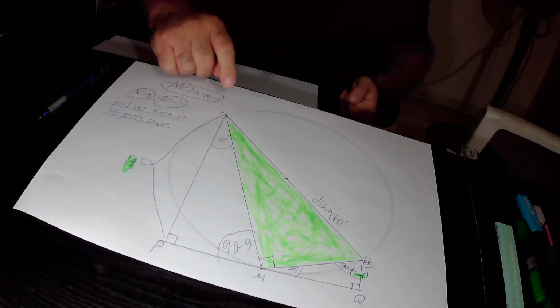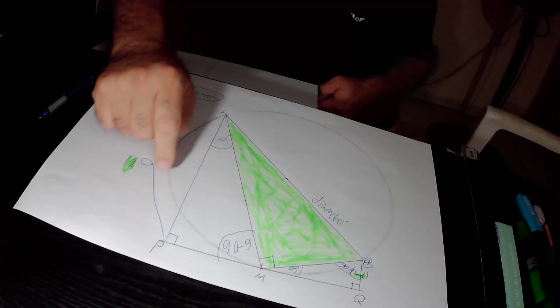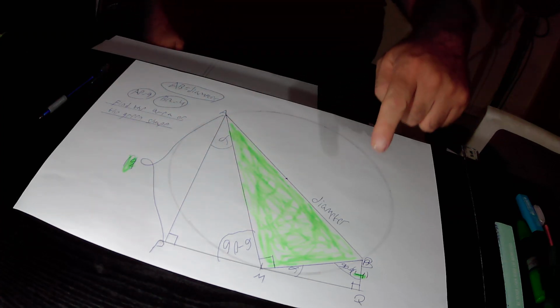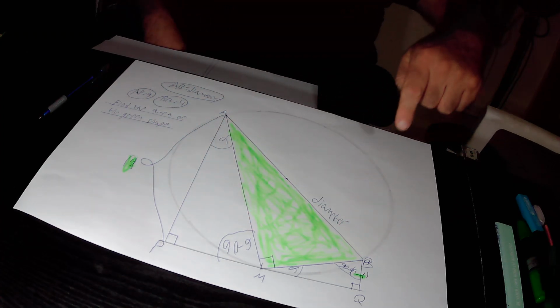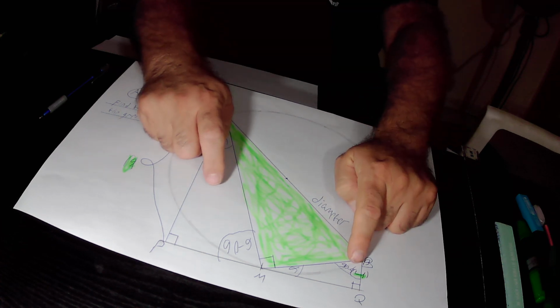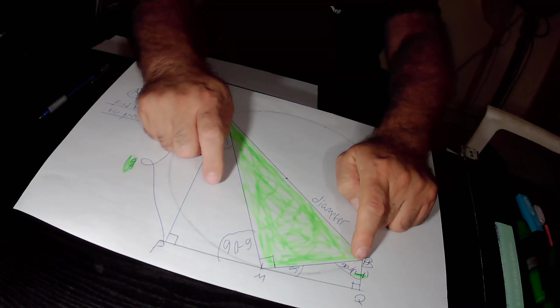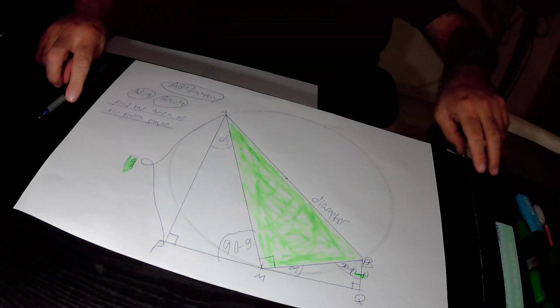So we found out that all the angles of this big right triangle APM are correspondingly equal to all the angles of this right triangle BMQ, and therefore those two right triangles are similar to each other according to angle similarity rule. So write it down.